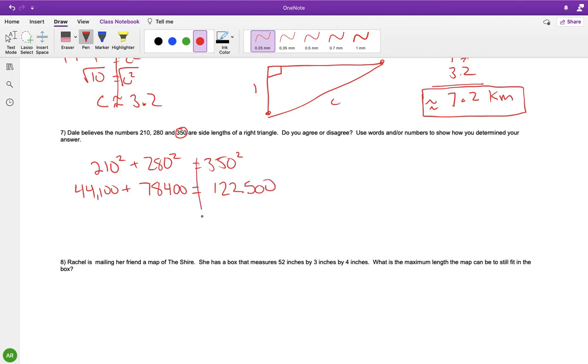Okay, now the sum of the values on the left side of the equation are indeed that same value. So if these equal each other, it satisfies the conditions for a right triangle, so I could say yes.